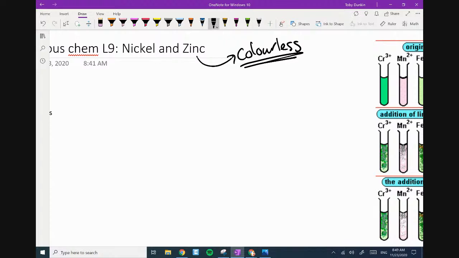And we can remind ourselves of explaining colors. We know that nickel is going to have colored complexes.